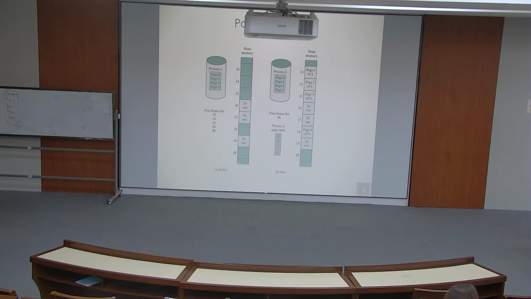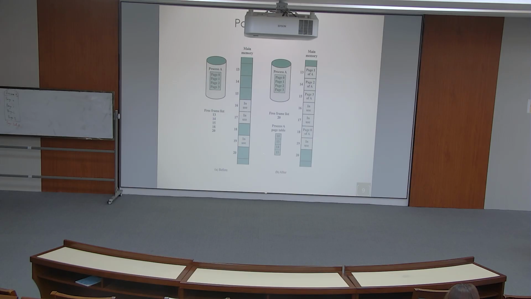Now, for example, here we have the main memory which is divided into a number of frames, and we have seen that the pages from process A need to be loaded into the frames which are available in the main memory. We have seen that page 0 is loaded into frame number 18, and page 1 is loaded into frame number 13, and so on and so forth.